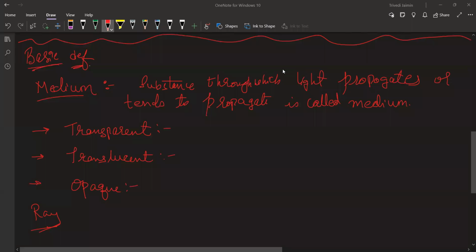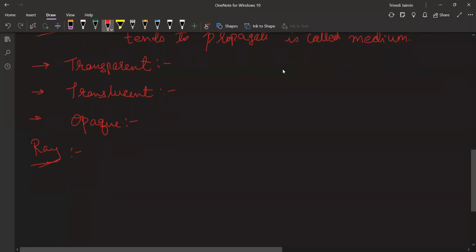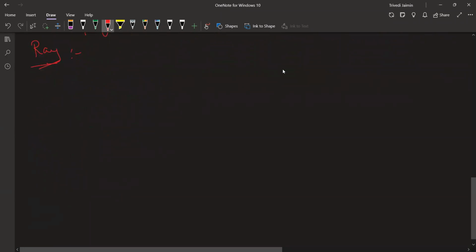Okay, then. What are rays? Straight. Yeah, straight. The direction in which light is moving. Yes, it is a ray. A ray is a type of line with only one endpoint on one side.